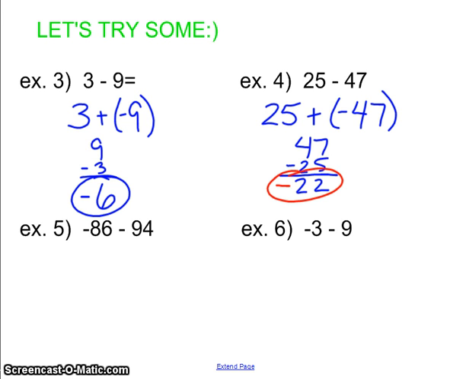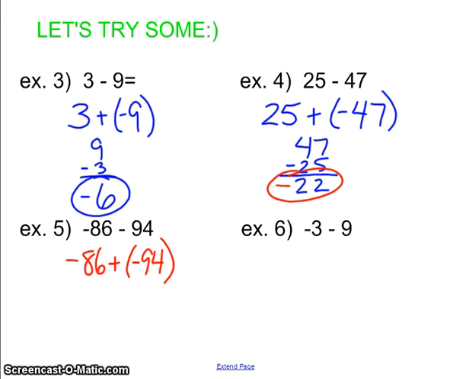Example 5, here's where the definition of subtraction really can help us. -86 minus 94. That doesn't even sound like a nice problem to do, especially without a calculator. But using our newfound knowledge, adding two numbers together that are the same sign, well, that's easy.